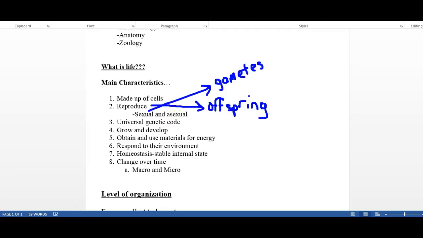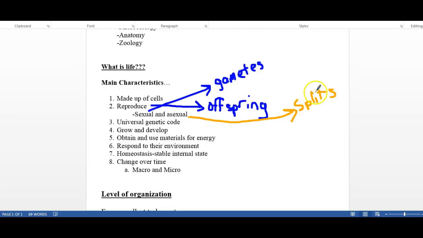Asexual is a little different, and that's in that the original organism splits in two, or a piece breaks off, or whatever it may be. But the main difference is, so splits. And this is fission, just breaks in two.